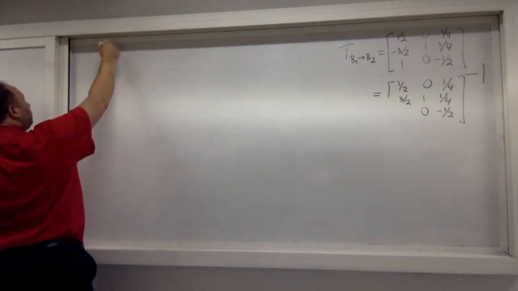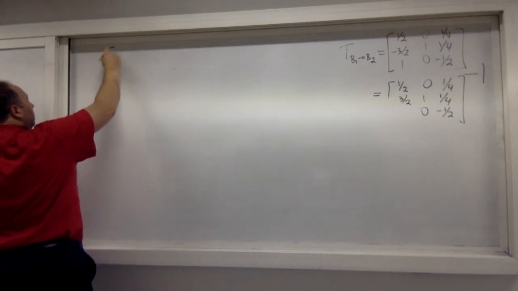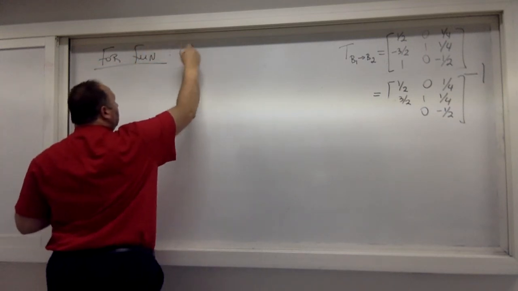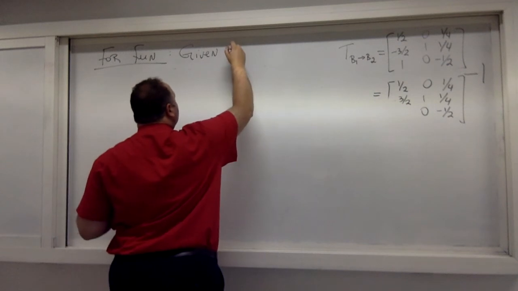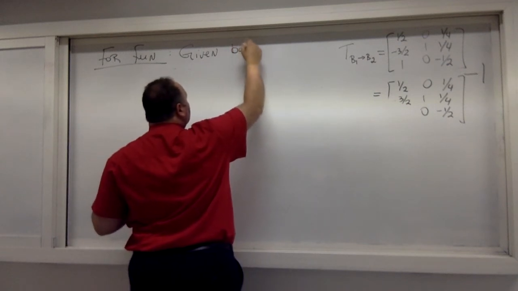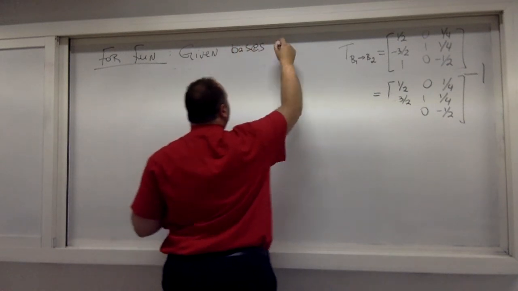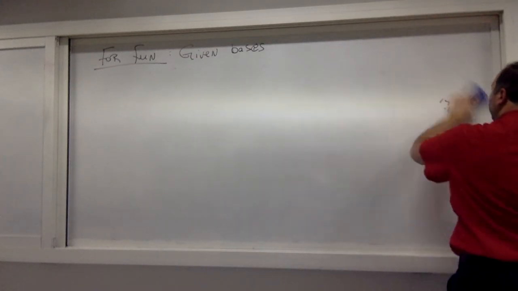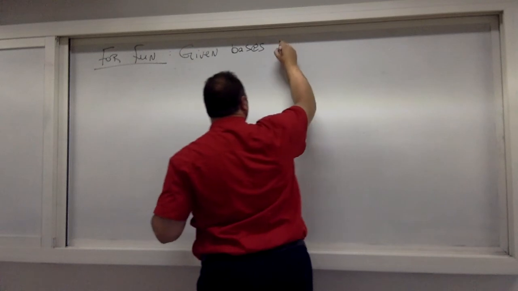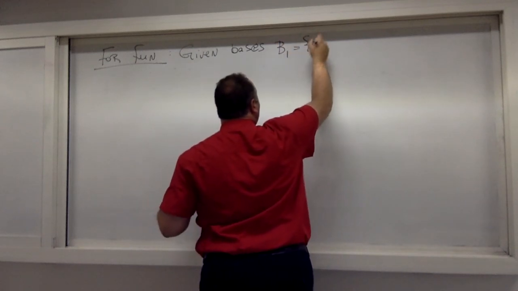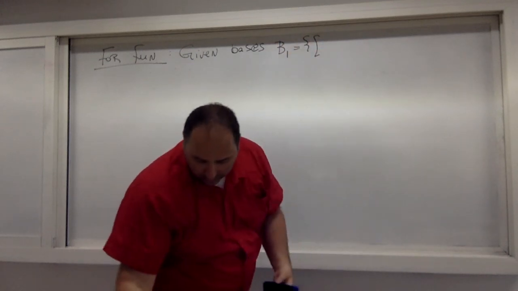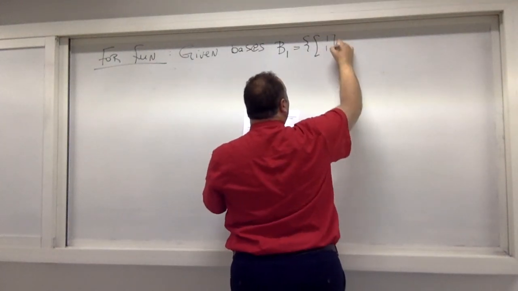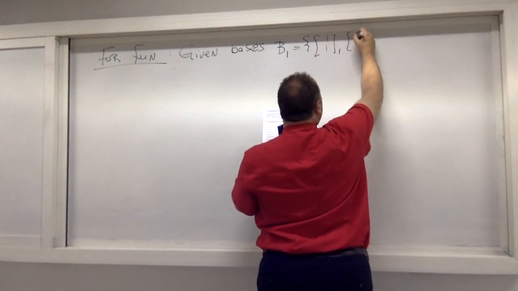So, for fun, we're given bases B1, B2, B3 of R2. So what's B1? Oh, none of them is cute. So this will make you compute.